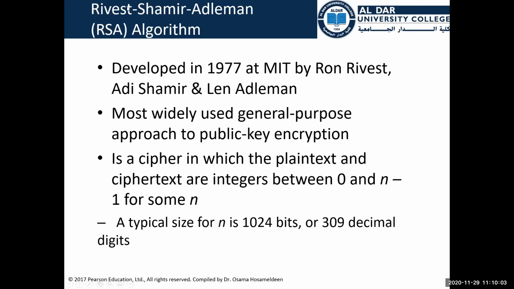RSA was developed in 1977 at MIT. It was proposed by three scientists: Ron Rivest, Adi Shamir, and Adleman.